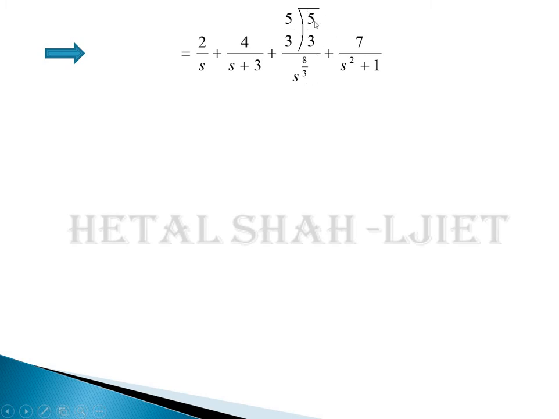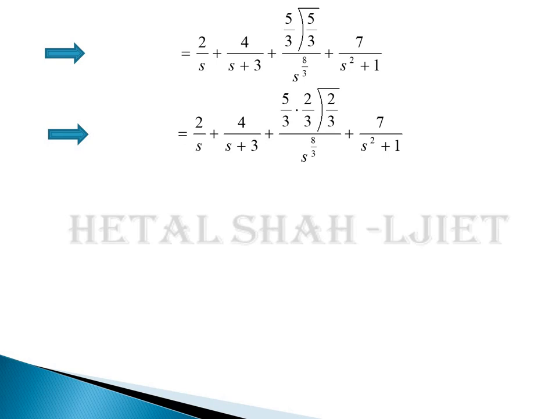And this 5 by 3 we represent as 2 by 3 plus 1. So again we can write n gamma n, that is 2 by 3 gamma 2 by 3. And this is our final answer, because we can't represent this gamma in the form of gamma n plus 1. So this is our final answer.